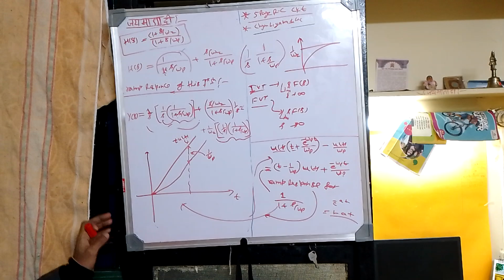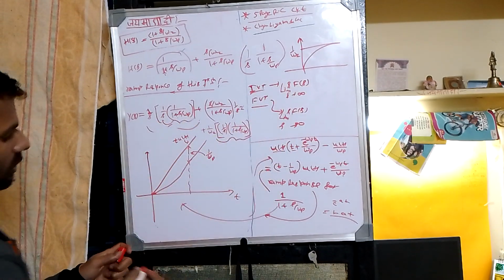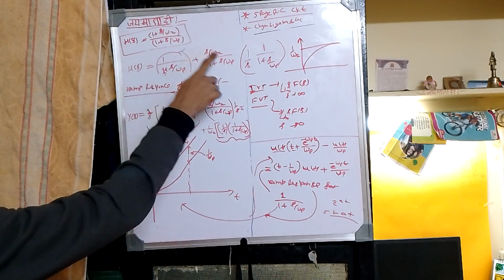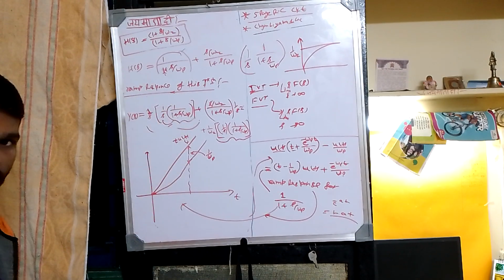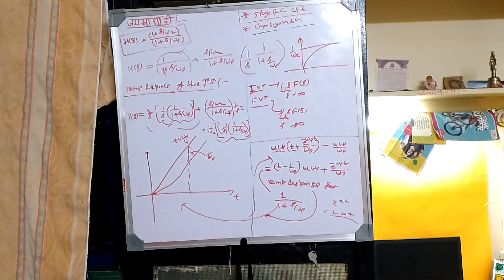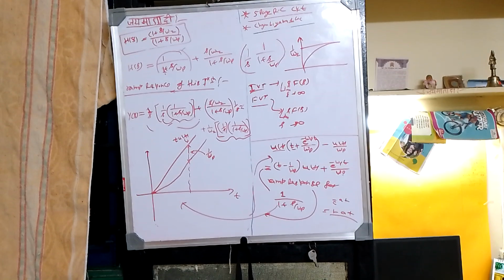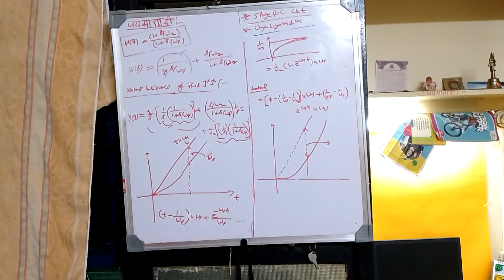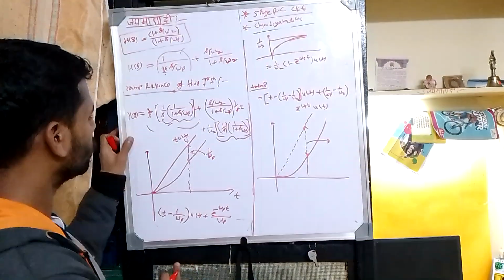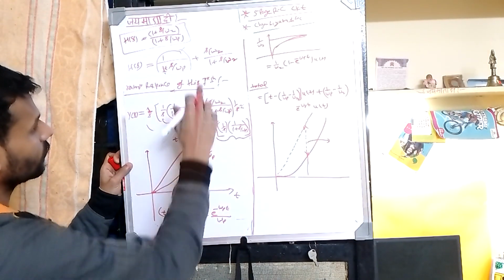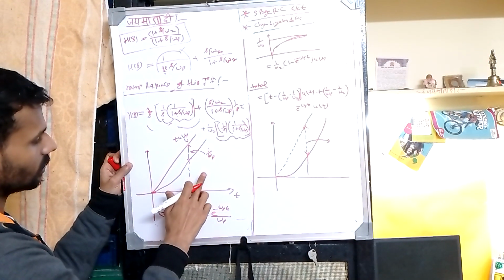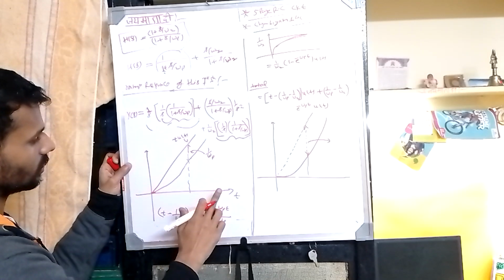You just add both the plots and you get the total ramp response for this transfer function. So if you add both, this was the ramp response.